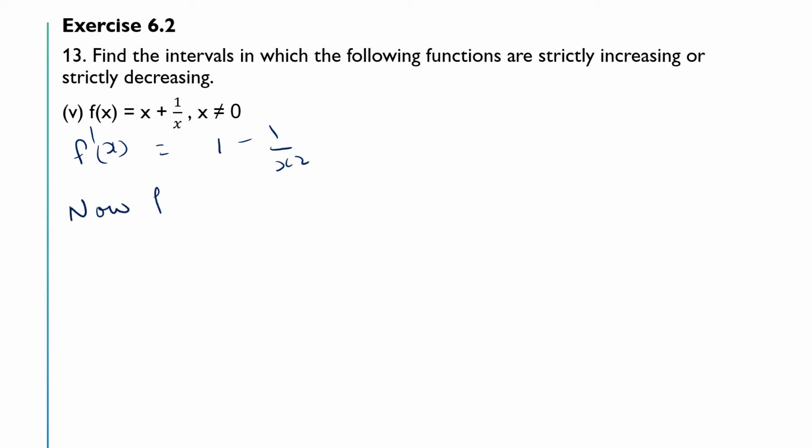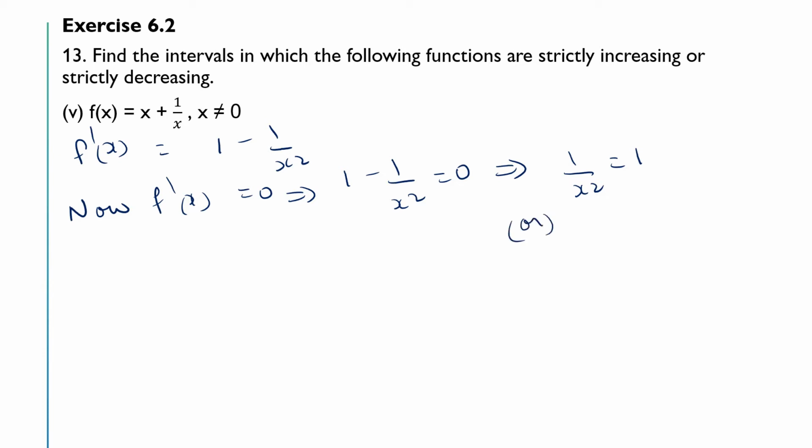Now f dash of x equal to 0 implies 1 minus 1 by x square equal to 0. From this we get 1 by x square equal to 1, or x square equal to 1, which means x is equal to plus or minus 1.